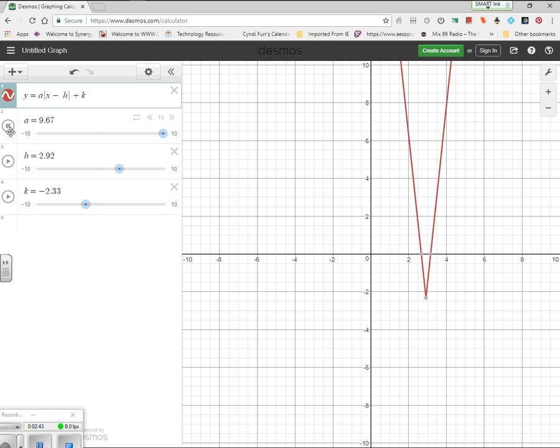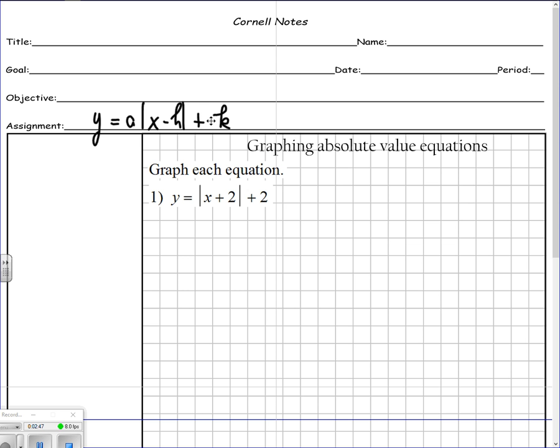Now, to graph this line, what I'm going to do is first, right underneath, write y is equal to a absolute value of x minus h, and then plus k. So this is what this is telling me.